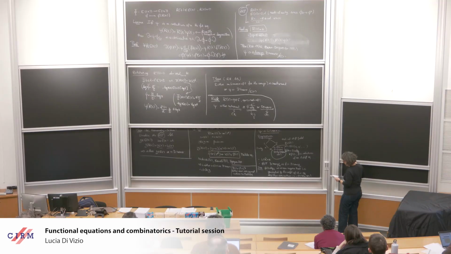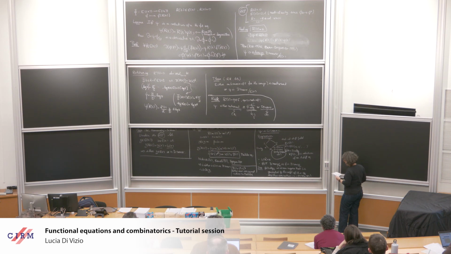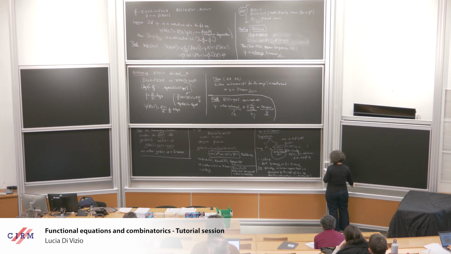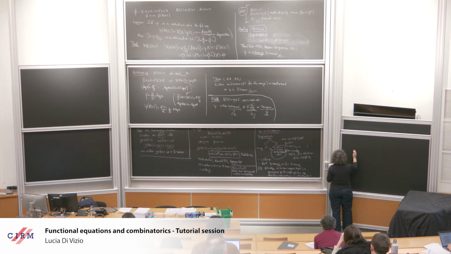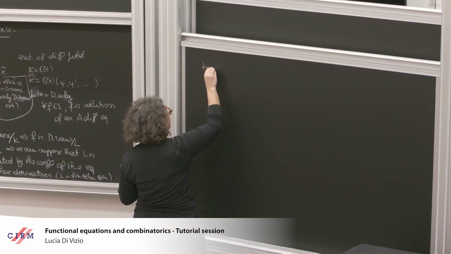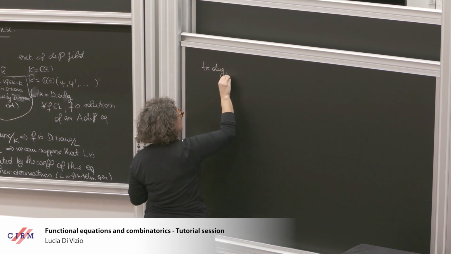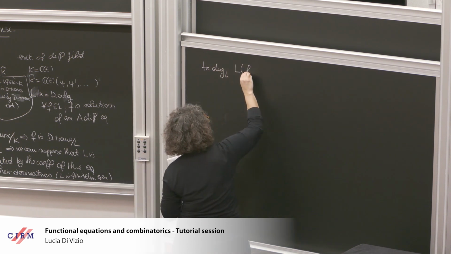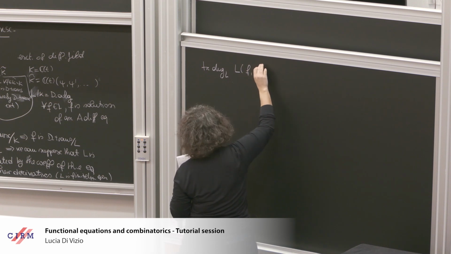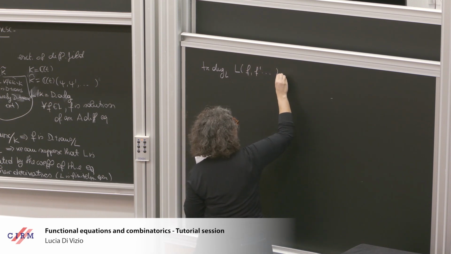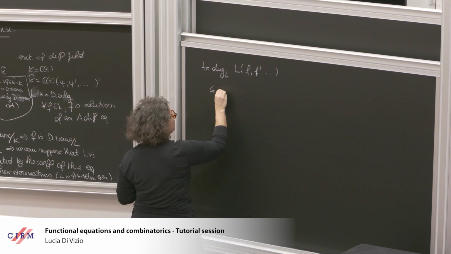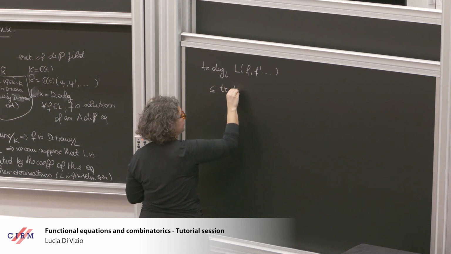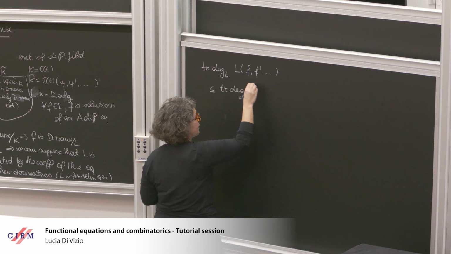And then it's just a matter of transcendence degrees. The transcendence degree over L of L, where I add f and all its derivatives, is smaller or equal to the transcendence degree over K of the same things.